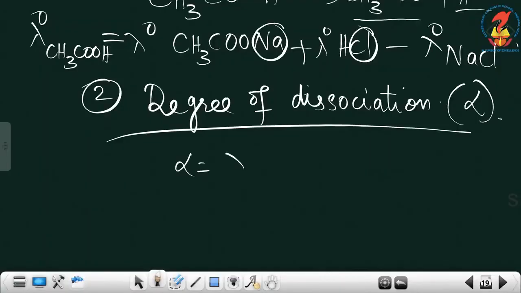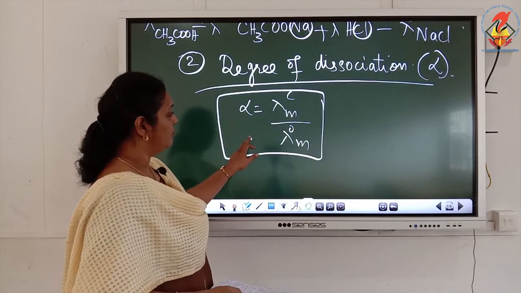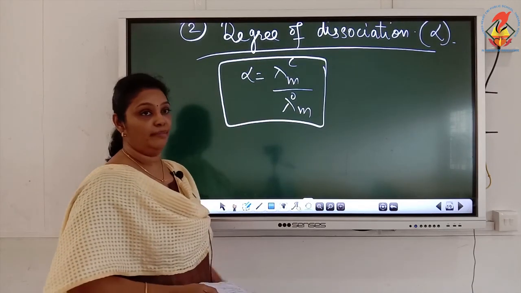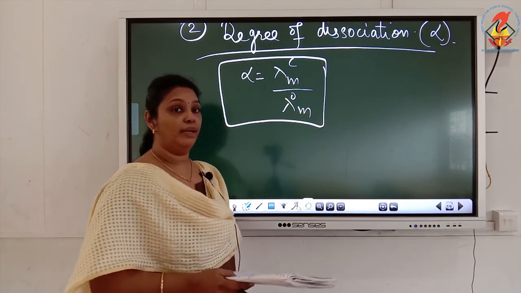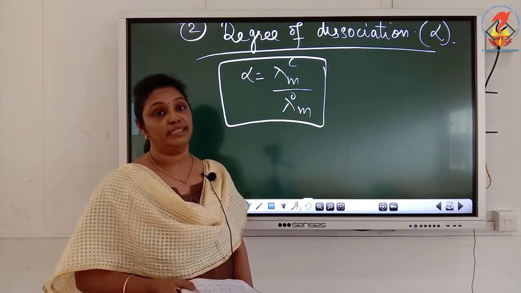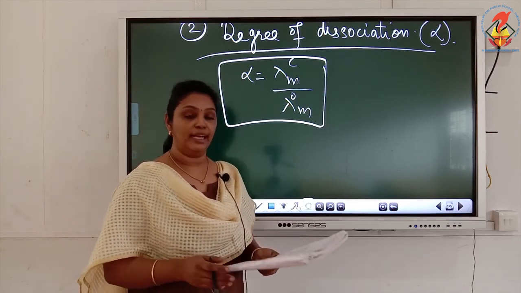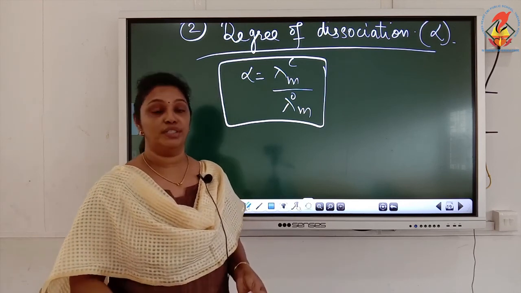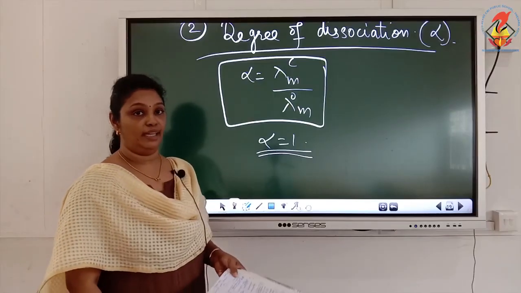Alpha is equal to lambda mc divided by lambda naught m, where lambda mc is the molar conductivity at a given concentration and lambda naught m is the molar conductivity at infinite dilution. For a weak electrolyte at infinite dilution, that is when concentration approaches 0, alpha will be equal to 1.